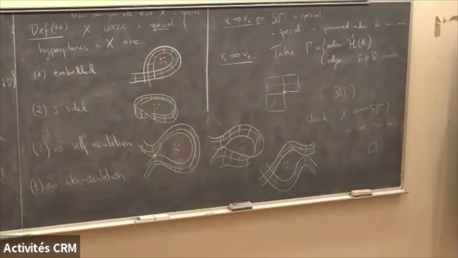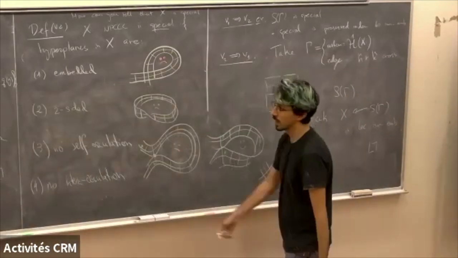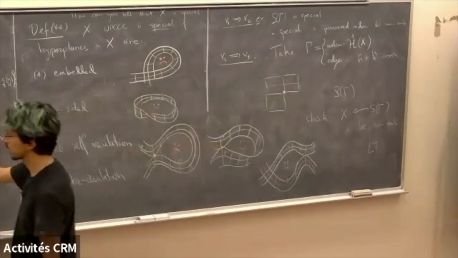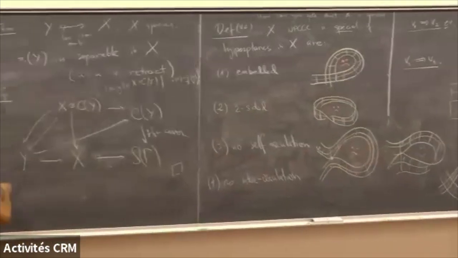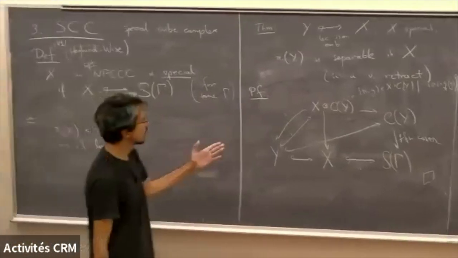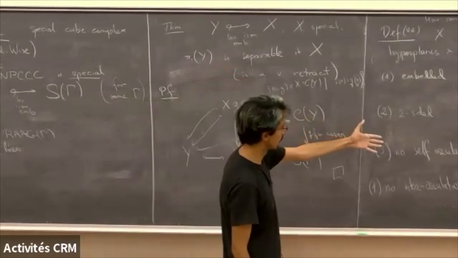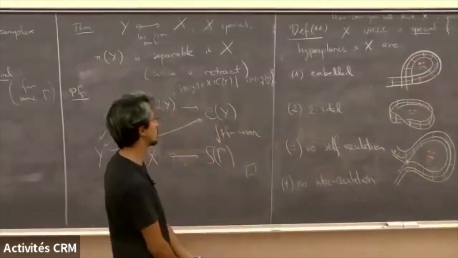Now you can take your non-positively curved cube complex from the get-go and check if it's special. If it is special, you also get nice properties like being virtually finite, being linear, having certain separable subgroups. Maybe another remark is that separability is really strongly related to being special.